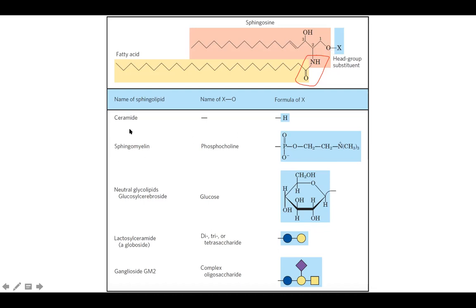And this is the major component of your myelin sheath, that thing that protects your neurons, yung spinal cord natin. Okay? And then, it's also possible for this to be a sugar or a carbohydrate, glucose. So for that one, it's a general class of sphingolipids.